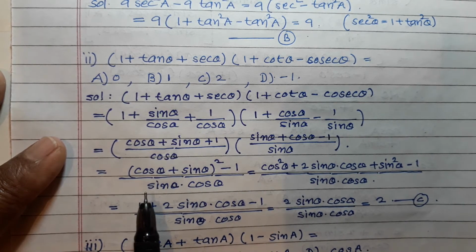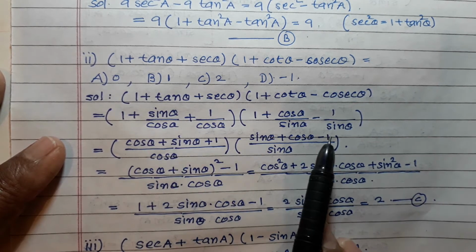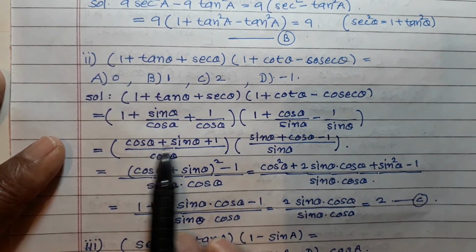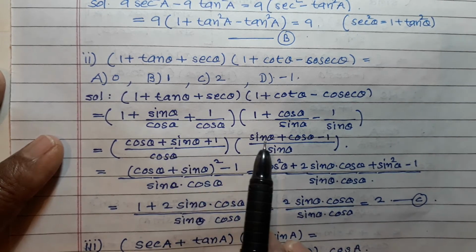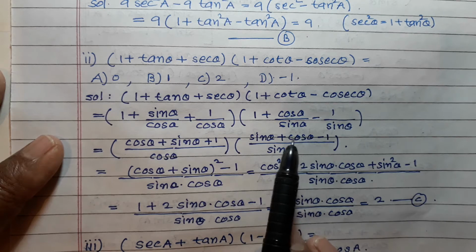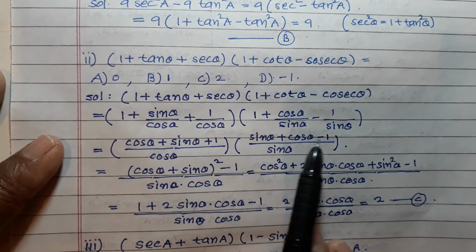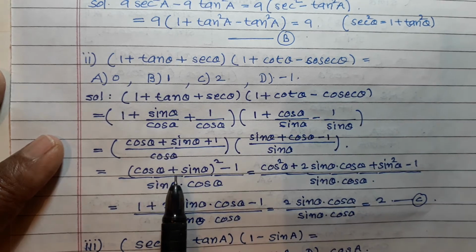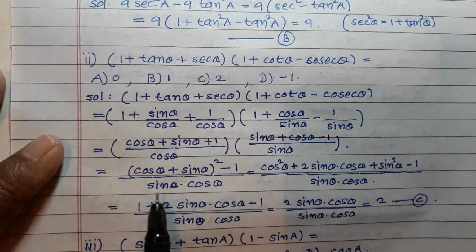Now observe properly and write sin theta plus cos theta plus 1 together and sin theta plus cos theta minus 1 together. Here I use the algebraic identity: cos theta plus sin theta whole square minus 1 upon sin theta into cos theta.